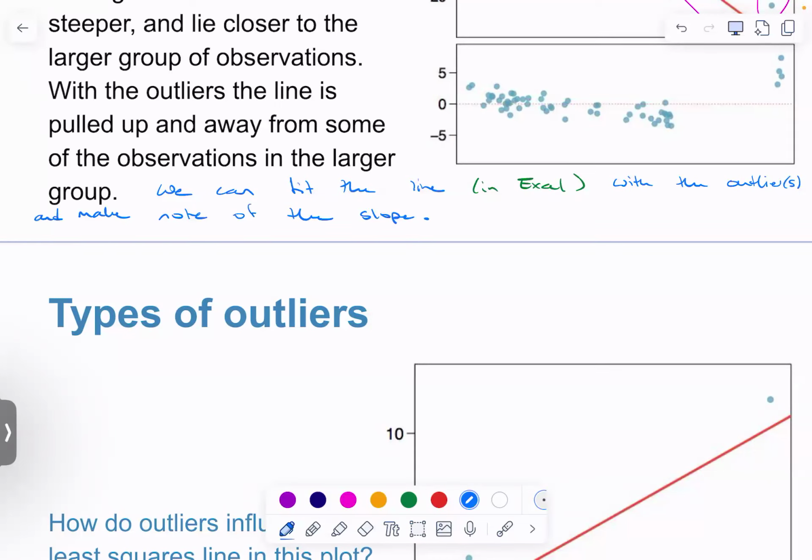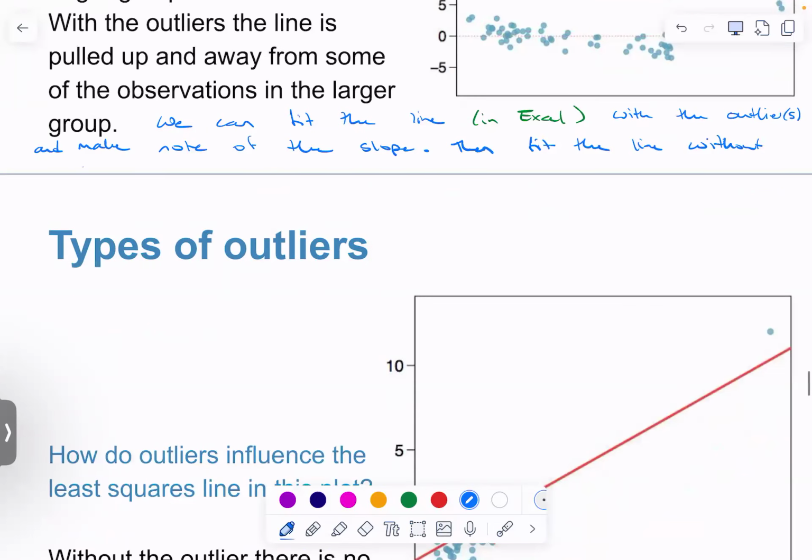Then fit the line without, and compare the slope to the old slope.